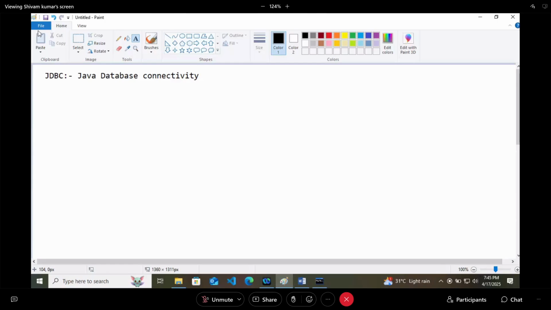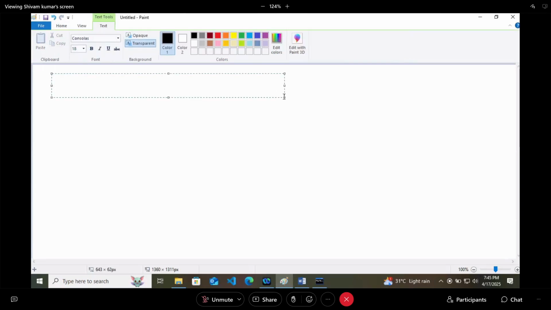So everyone was facing this problem. So Sun Microsystems, the previous owner of Java, came with a solution, that is JDBC. For Oracle, it is OJDBC, but the name is same actually. The driver is different.